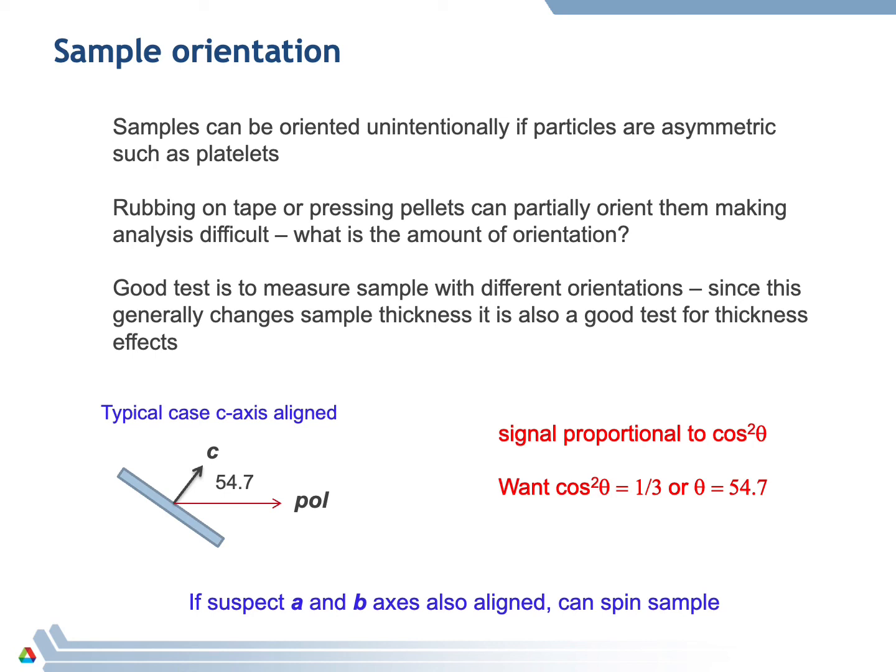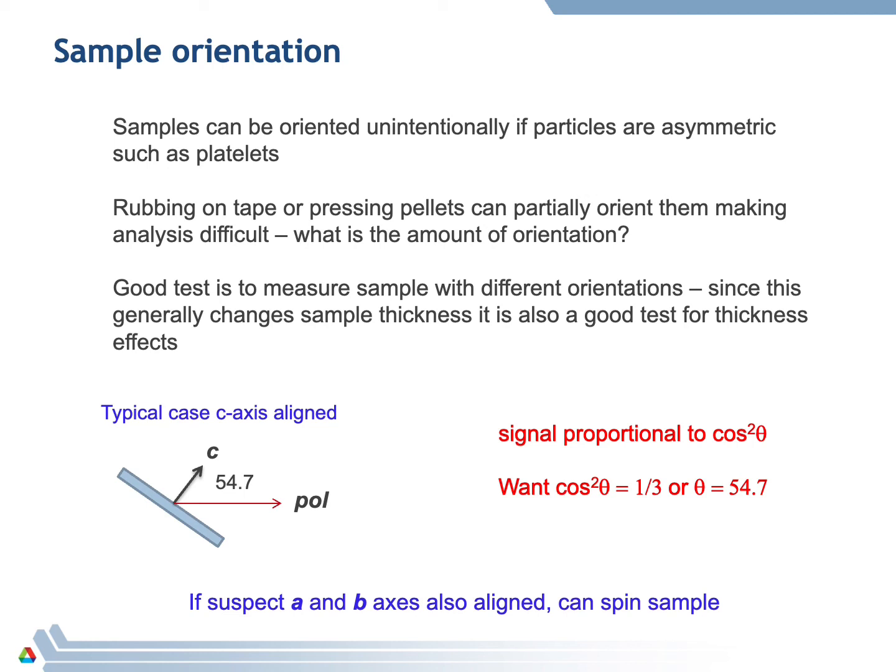If the sample is aligned, typically the c-axis might be more or less perpendicular to the sample surface. Then if you measure at 54.7 degrees, the contributions from the in-plane and out-of-plane signals will be the same. So you'll get a signal that's basically identical to an unoriented sample.